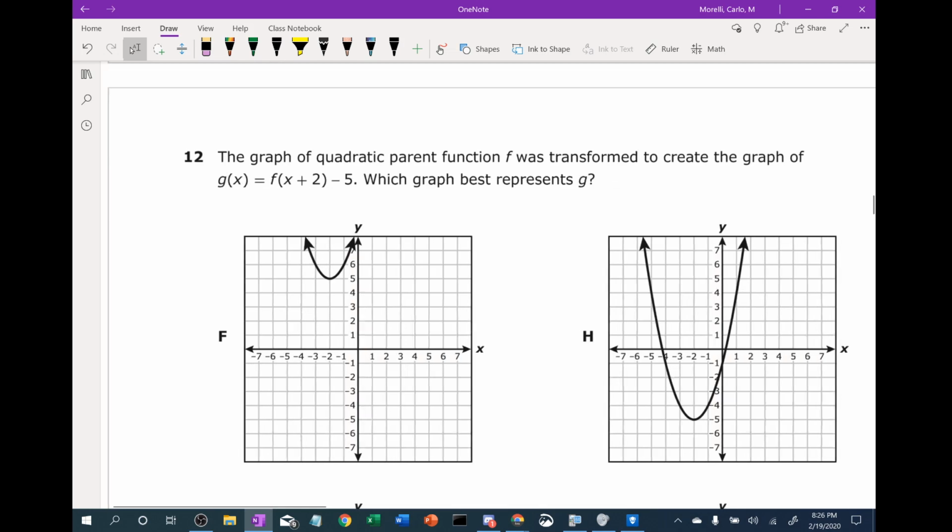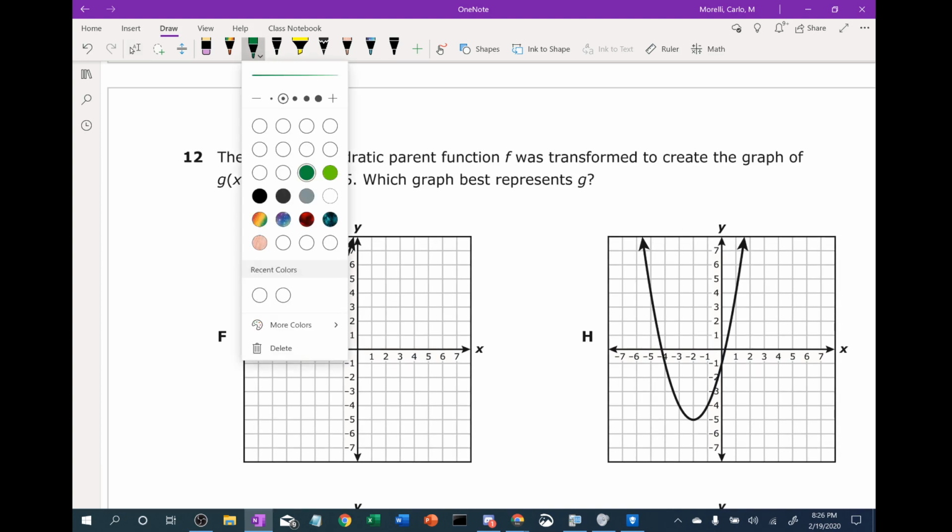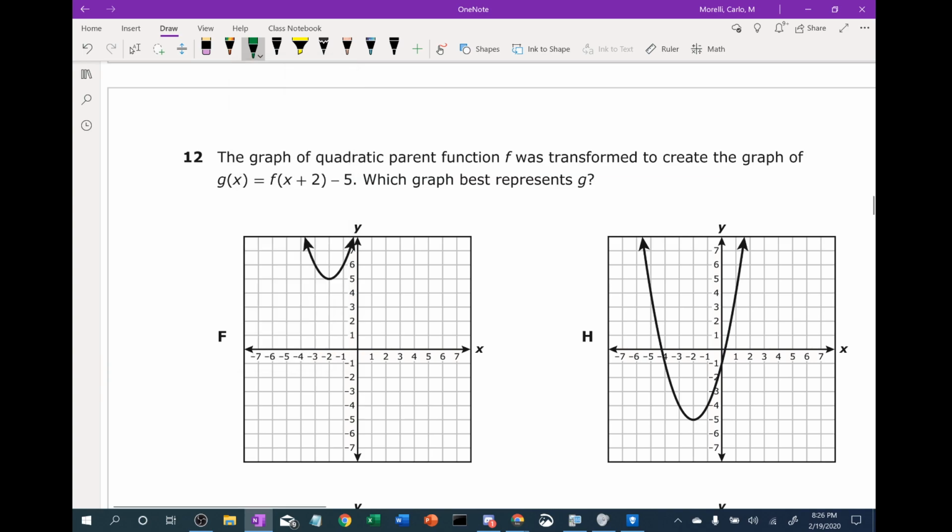Okay, when this is a plus sign, it means left shift. So it moves left 2 places.